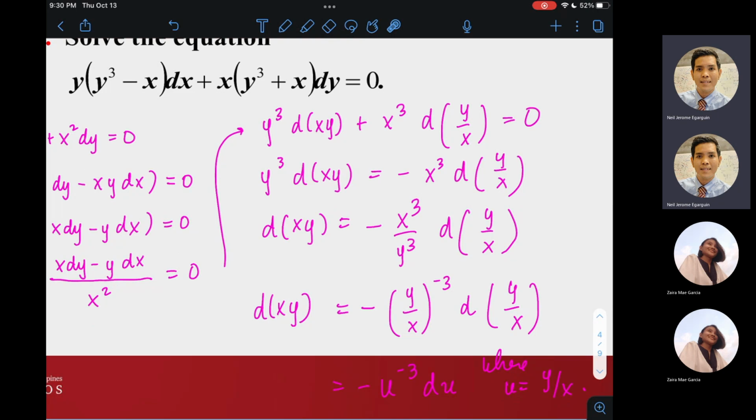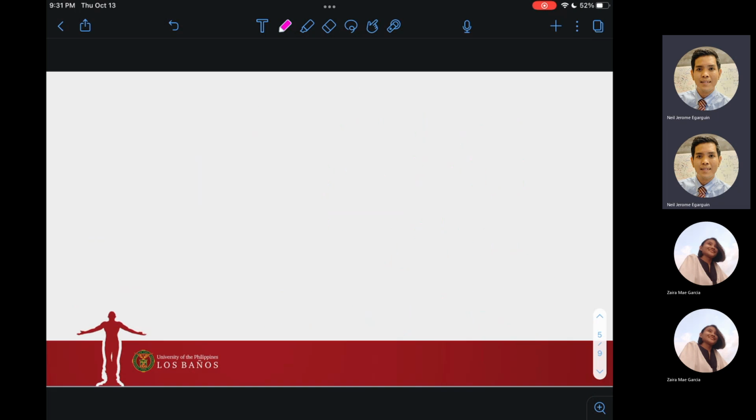Alright? Kasi nagawa na natin yan. Si kinuha ko na yung differential ni y over x kaagad. Right? So ang itsura nito ay negative u to the negative 3 derivative ng y over x. Or in other words, we will have integral ng dxy ay equal kay integral ng negative u to the negative 3 du, right?